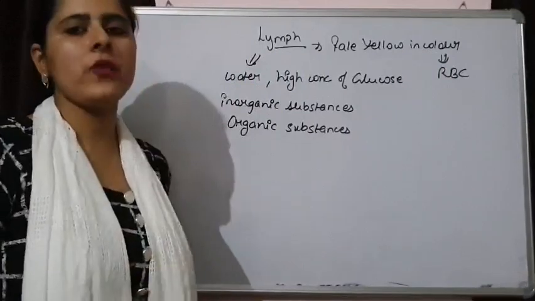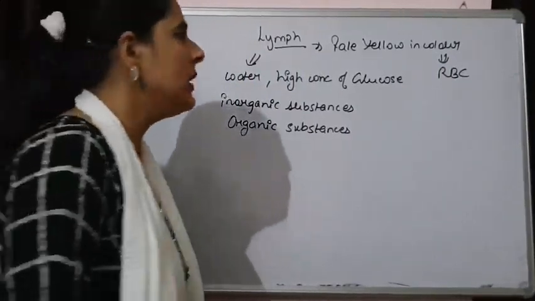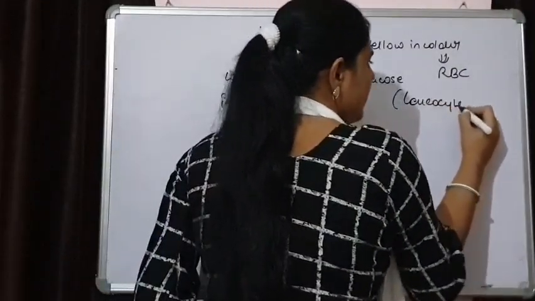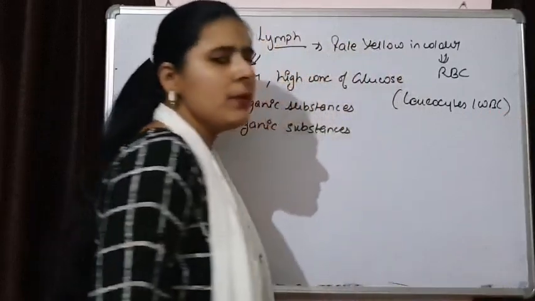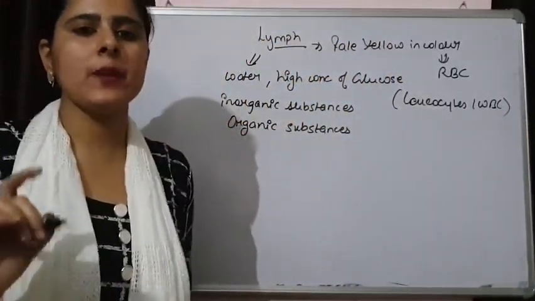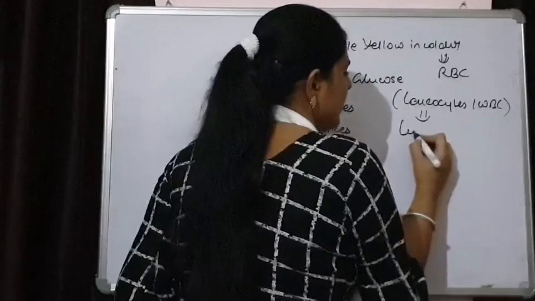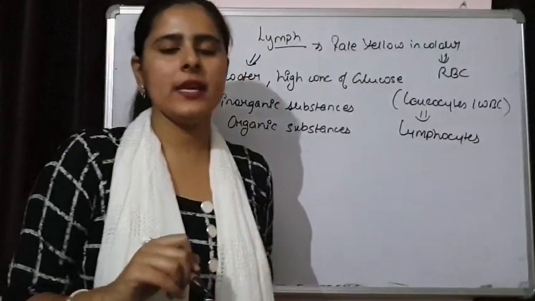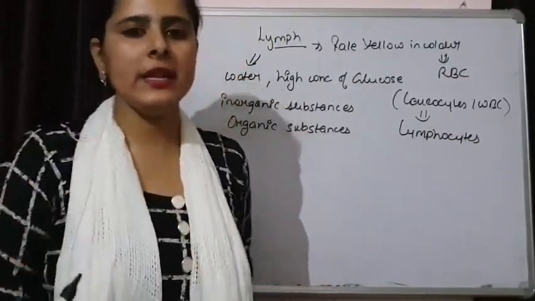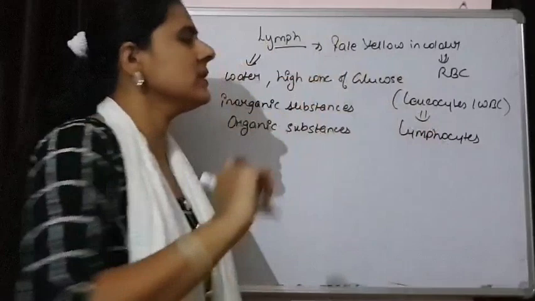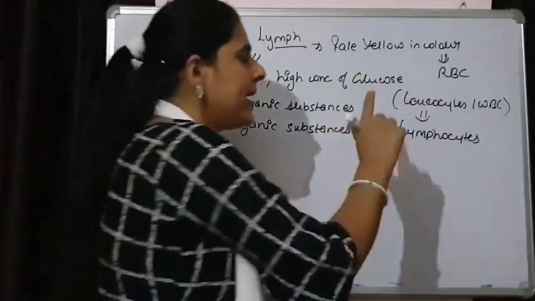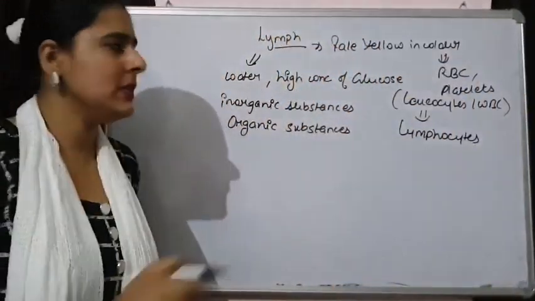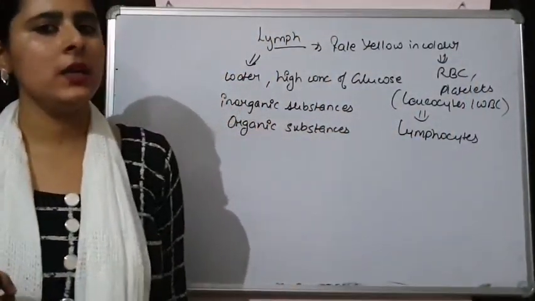Lymph has leukocytes, meaning WBCs, and the type of leukocytes present in maximum amount are lymphocytes. If you remember, yesterday we talked about agranulocytes, which were monocytes and lymphocytes. So lymphocytes are present in maximum amount in the lymph, and RBCs and platelets are absent. So these are the types of cells present in the lymph.